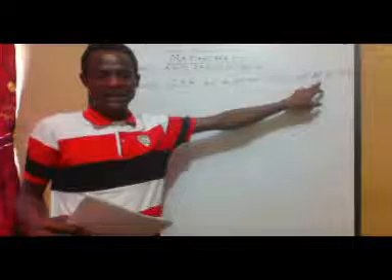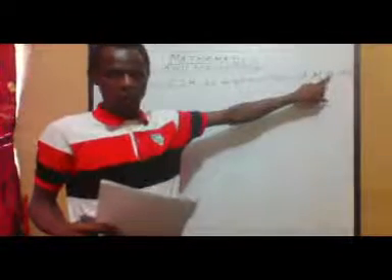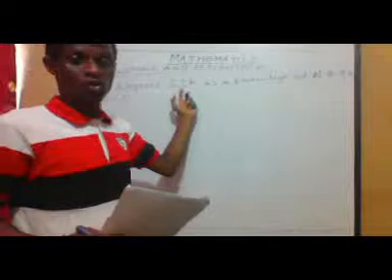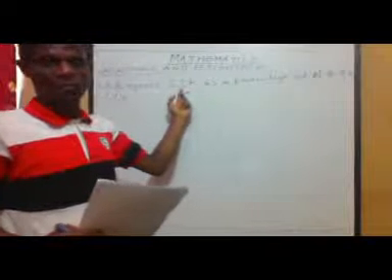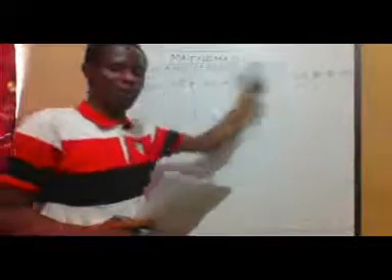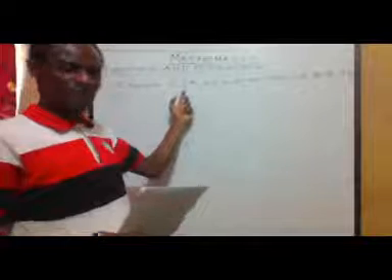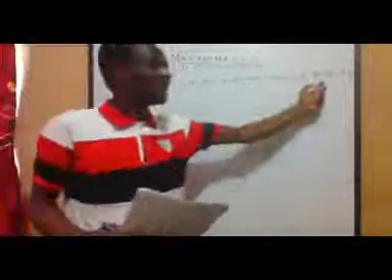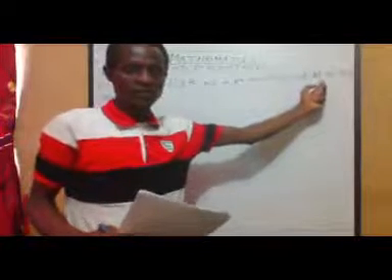I want to express 63 kobo as a percentage of 4 naira 50 kobo. Before I can solve this question, I must convert naira to kobo so that the two quantities will be in the same unit. You either convert naira to kobo or kobo to naira, but I will convert this to kobo, so times 100.